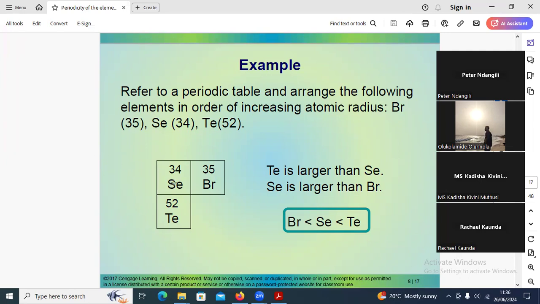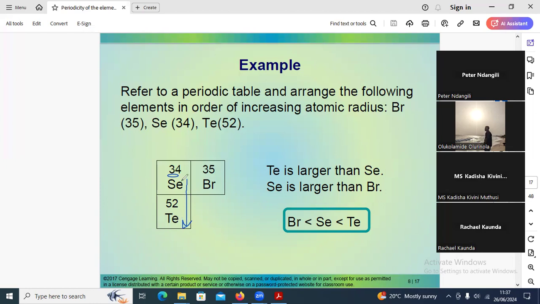From the arrangement, selenium lies upper, tellurium lies lower. So the question you would ask yourself is, between selenium and tellurium, which one is going to have a larger atomic size or atomic radius? You'd expect tellurium to be larger than selenium because tellurium lies lower in the group.